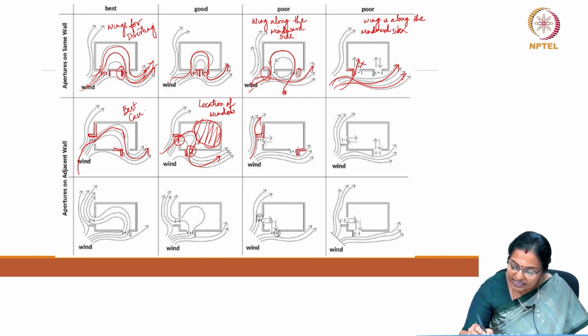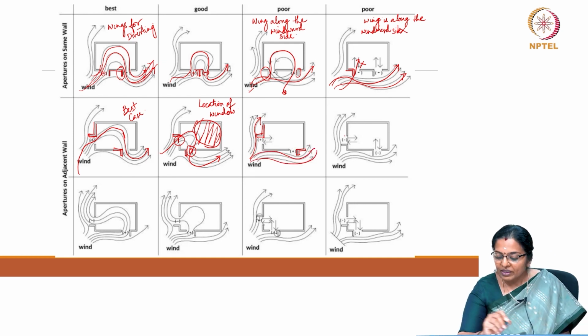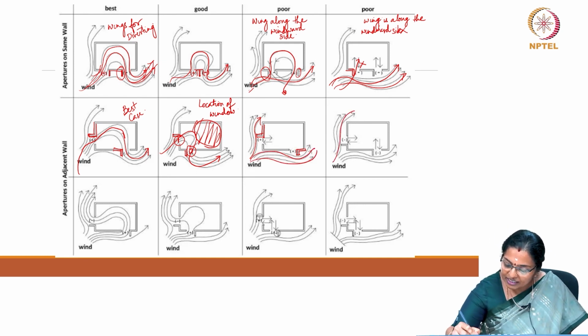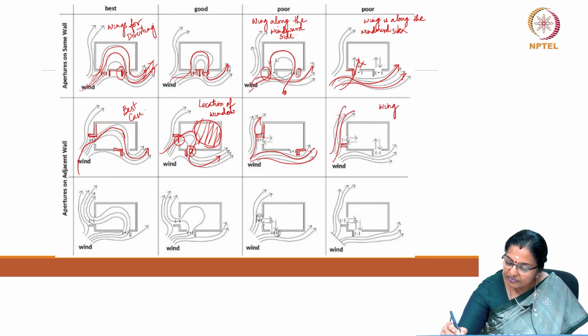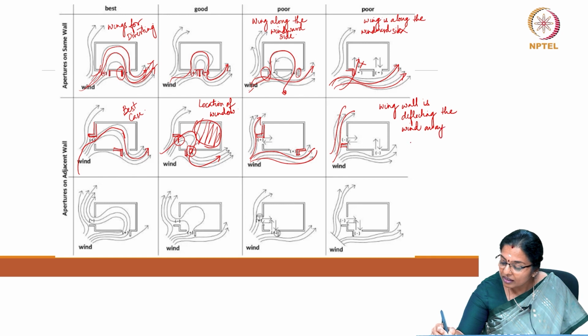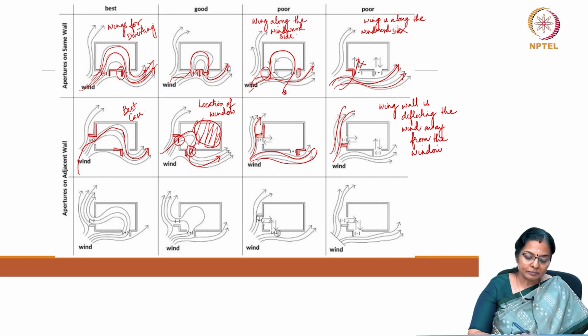The wing wall is actually not encouraging the wind to get inside, and it is the same condition even here, where the wing wall is deflecting the wind away from the aperture, or away from the window or fenestration or aperture, however you may call it.